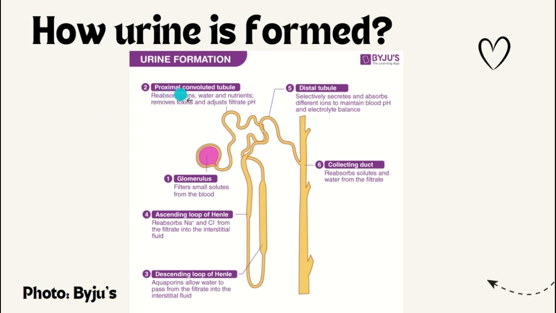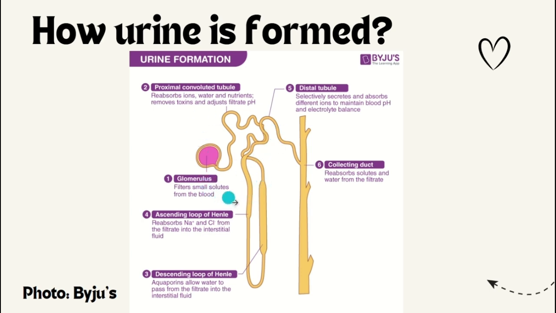And then the proximal convoluted tubule is going to reabsorb ions, water, and nutrients, remove toxins, and adjust the filtrate pH, right? So it filters first, then it reabsorbs ions.